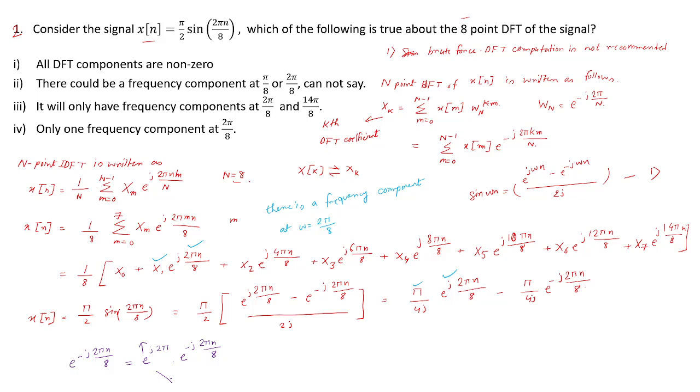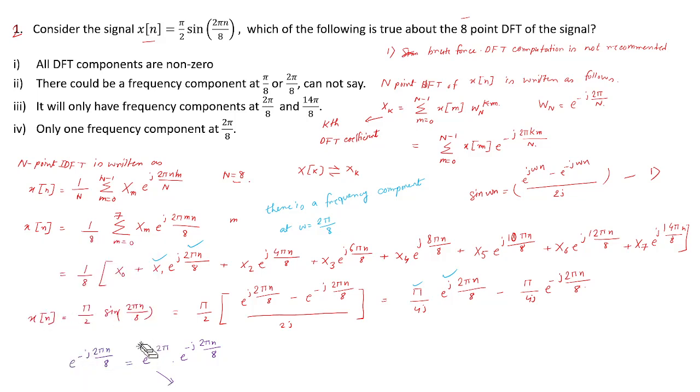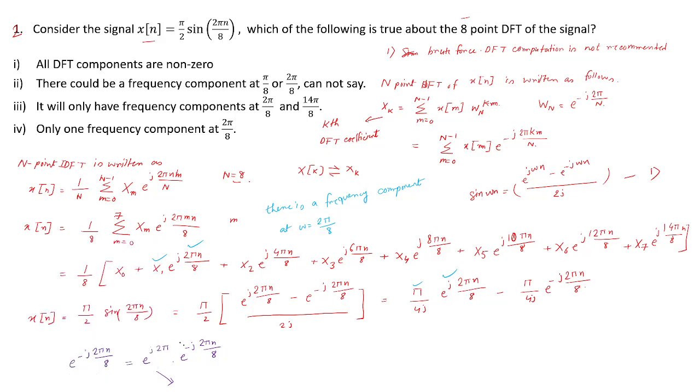This is nothing but cos 2 pi plus j sin 2 pi, that is 1. So you can write that this is just the value of 1.